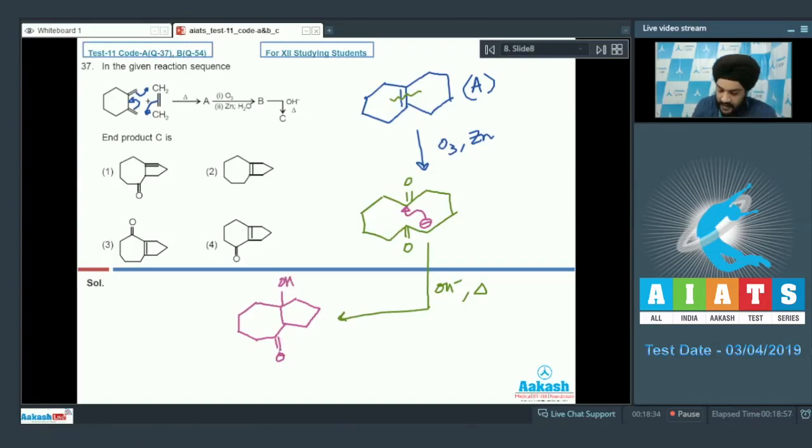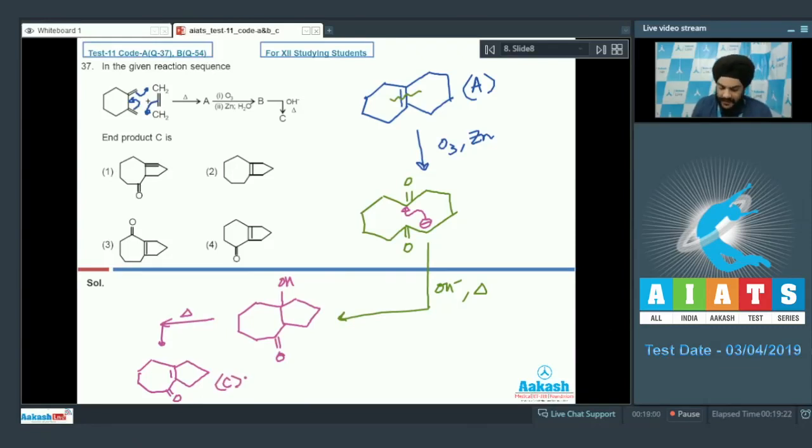So we have a beta hydroxy ketone, and when this is heated, the beta hydroxy ketone will undergo dehydration to give us an alpha beta unsaturated carbonyl compound. So this is the compound C which is formed at the end.